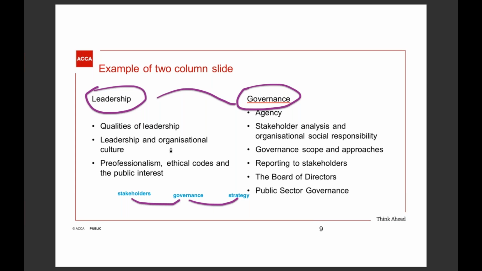Stakeholders are the ones who define the purpose of the existence of that particular business or organization. And the purpose is reflected in the mission, vision, values, and objectives of the organization. Under governance, you also cover ethics.